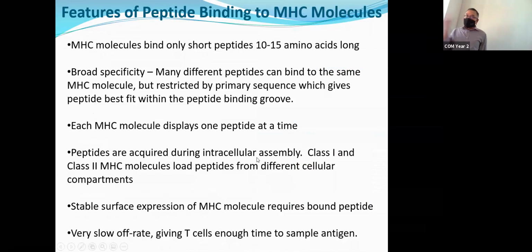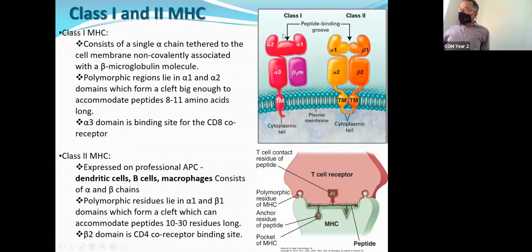These peptides are around 10 to 15 amino acids long. Now, I said that an HLA or MHC molecule can only assemble if it has an antigenic peptide loaded within this groove.